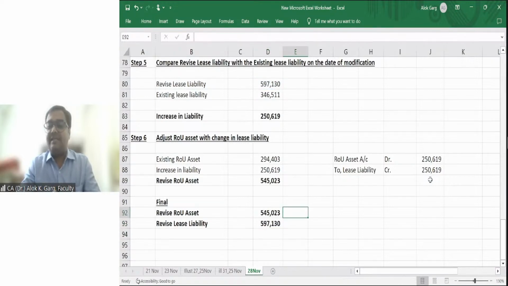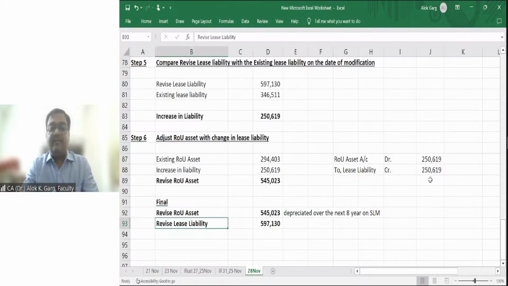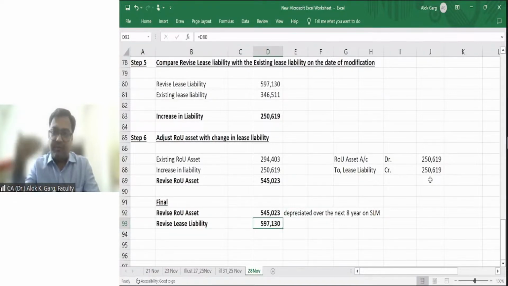Okay. And now this 545023 requires to be depreciated over the next 8 years on a straight line basis, right? And for this revised lease liability, again, you need to prepare a schedule for 8 years, right?